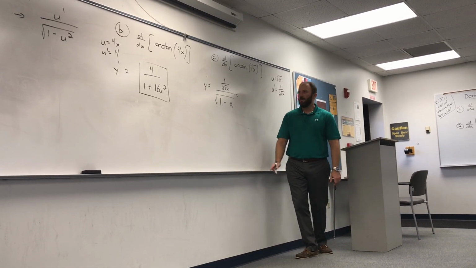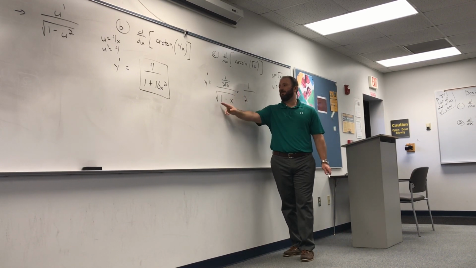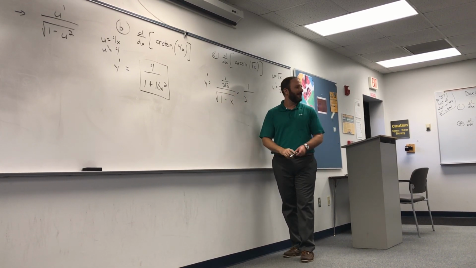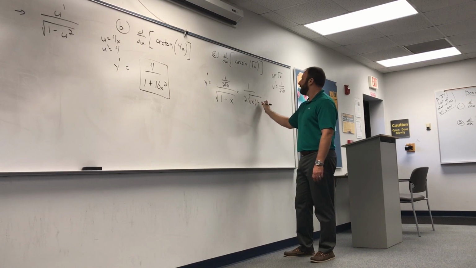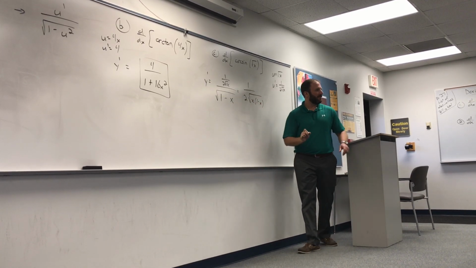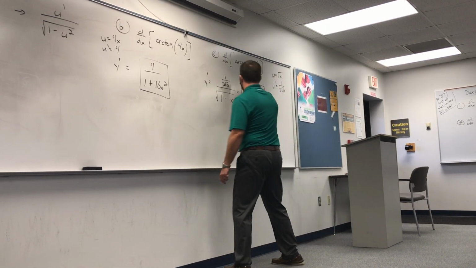So let's think about this. We could think of it as 1 over 2, then I've got a root x times root 1 minus x. So if we wanted to, we could do square root of x times 1 minus x like this. That would be fine as our final answer.